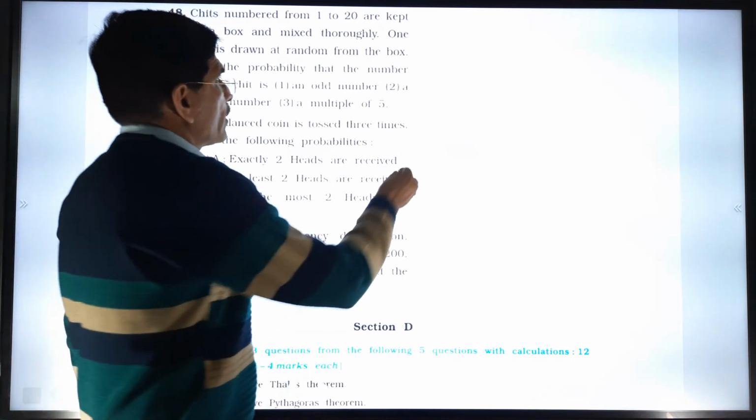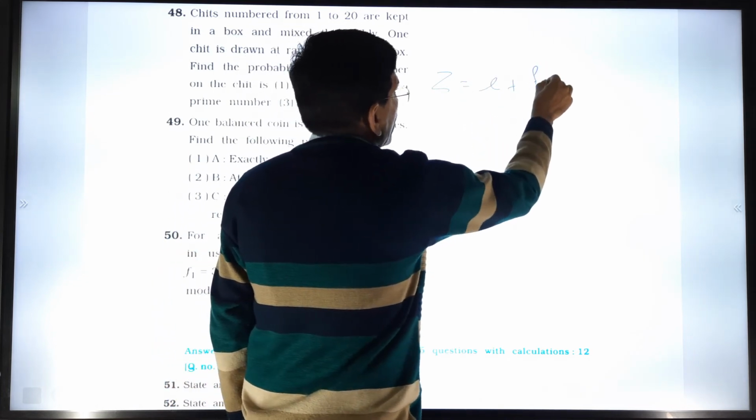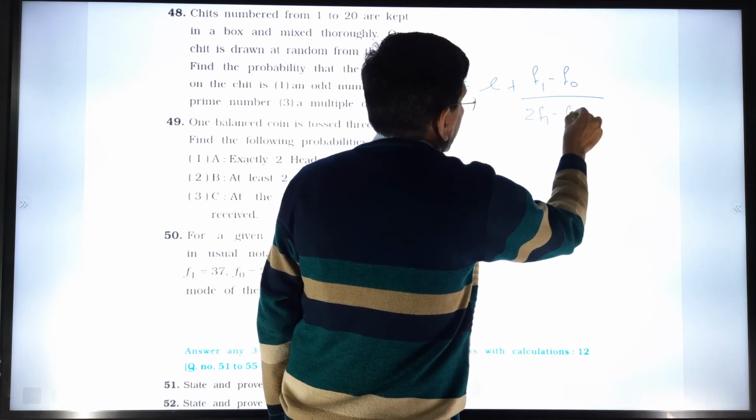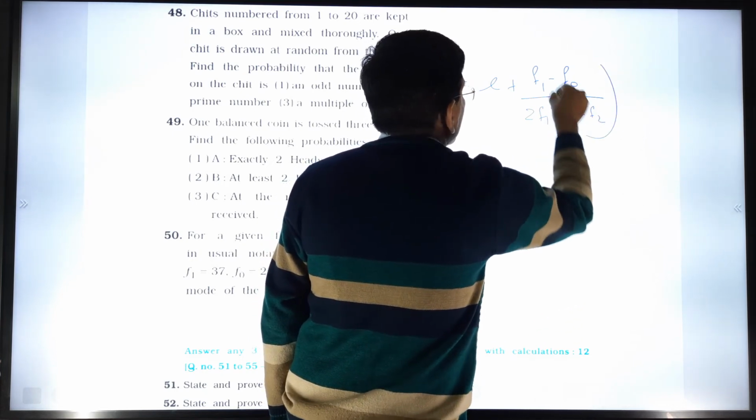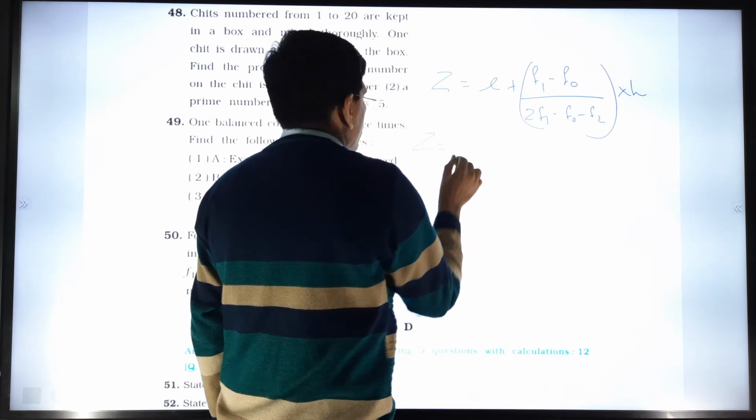Find the mode. So we know the formula: Z is equal to L plus (F1 minus F0) upon (twice F1 minus F0 minus F2) into height h. Always remember that you have to write this. Now what is L?